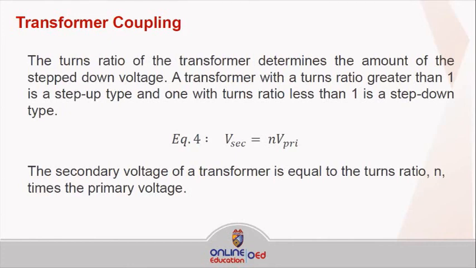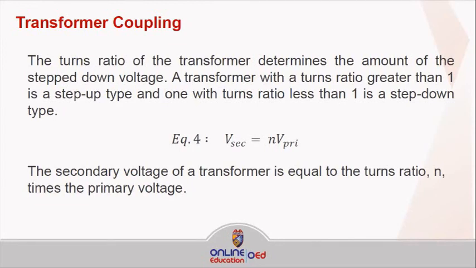Okay, as you can see, ang ratio kasi natin dito sa transformer, pag ang turn ratio is greater than 1, it is a step-up type. Kapag ang turn ratio naman ay less than 1, ibig sabihin step-down naman yung type ng transformer na ginagamit natin.